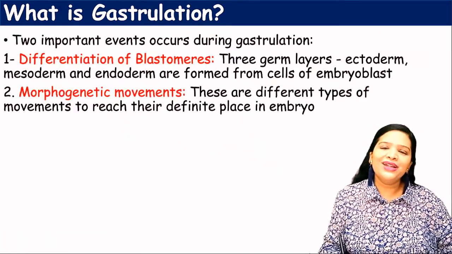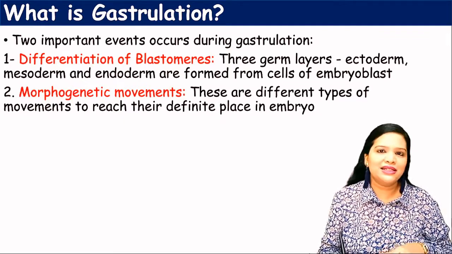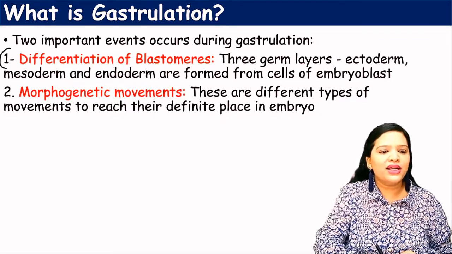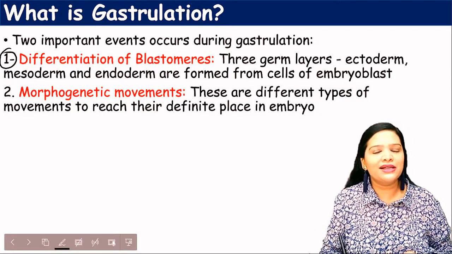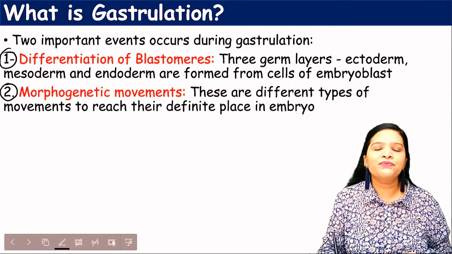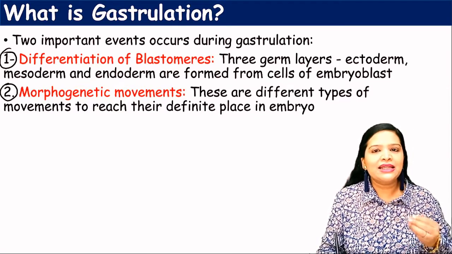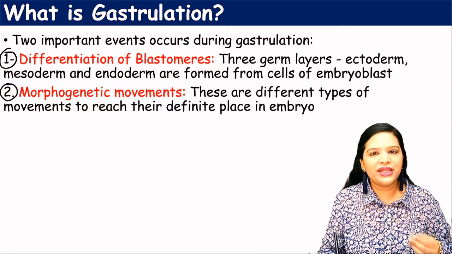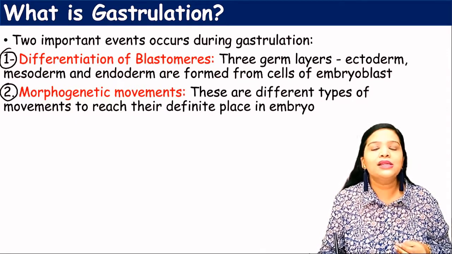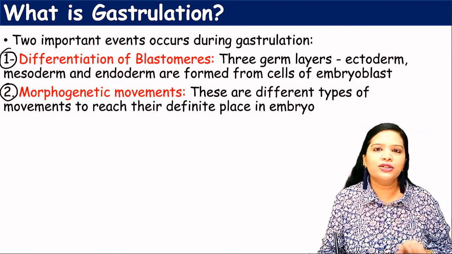When the gastrulation occurs, two important things occur. The first one is the differentiation of the blastomeres and the second one is the morphogenetic movement. What is differentiation of the blastomere? That means the cells of the embryoblast in the blastocyst get differentiated into three different germ layers.